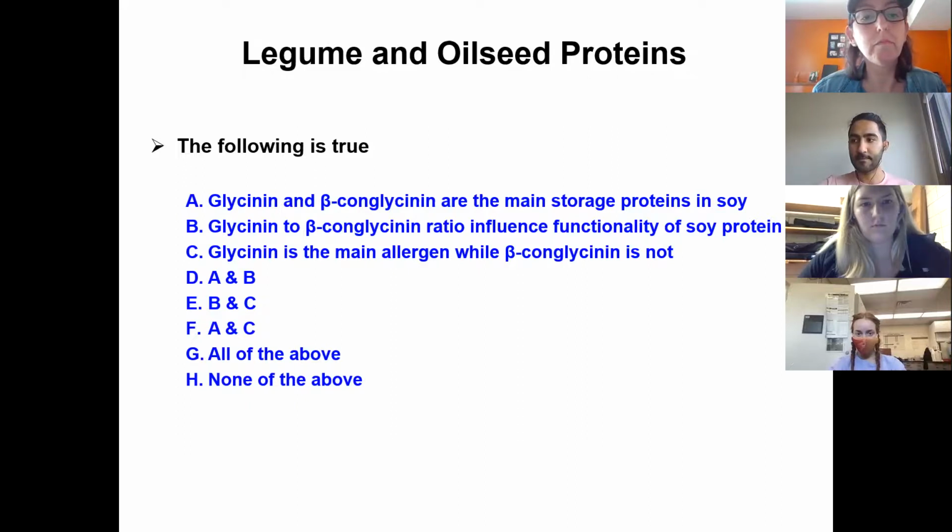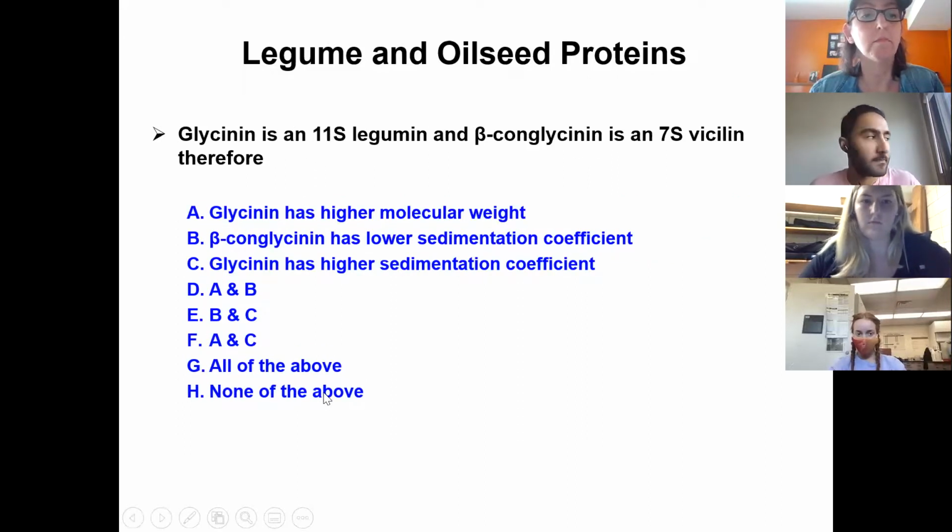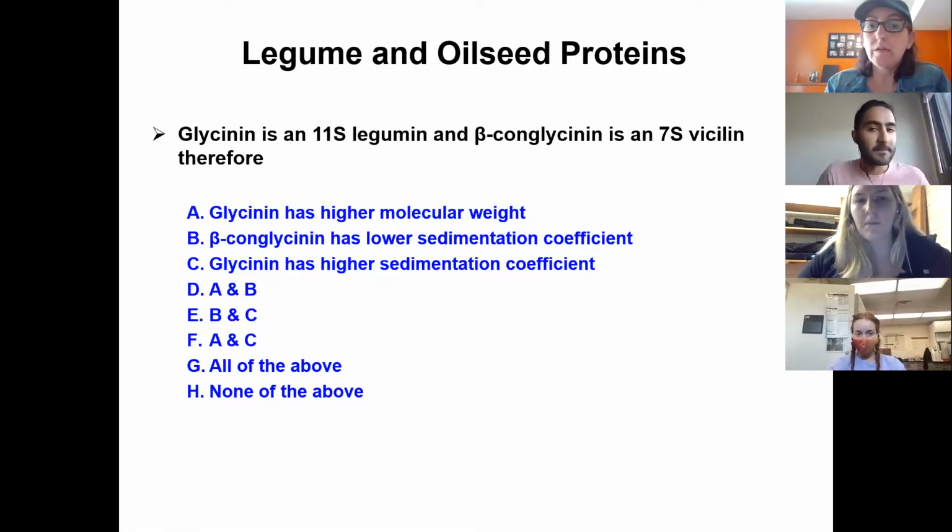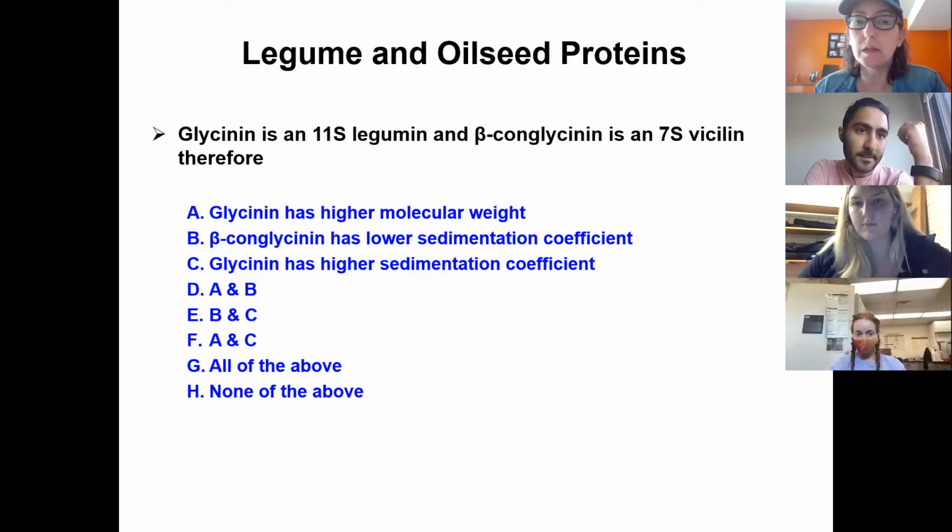Okay. Now, you'll see a lot of times in papers, if you read papers on proteins and legume proteins, that they refer to 11S and 7S fractions.